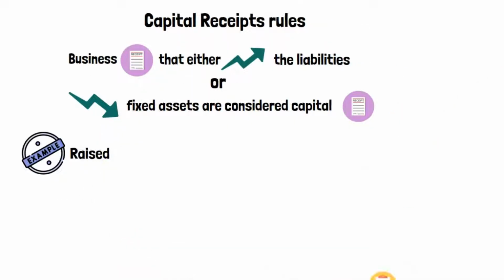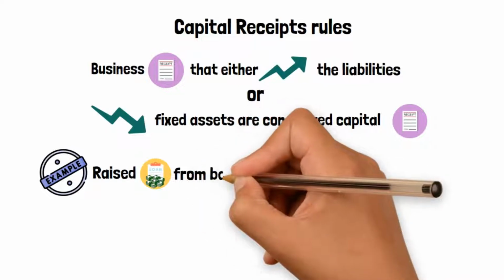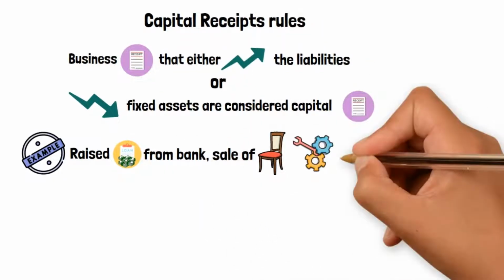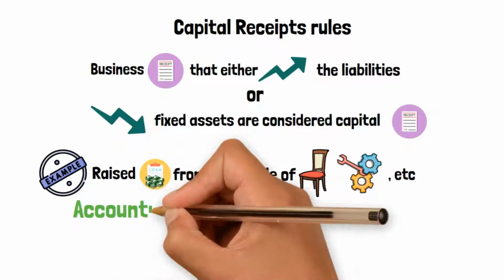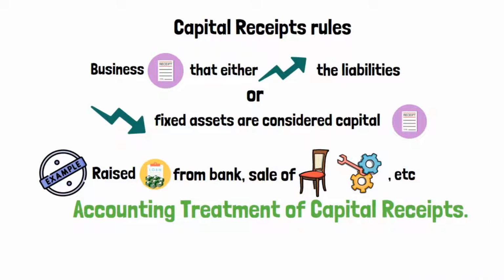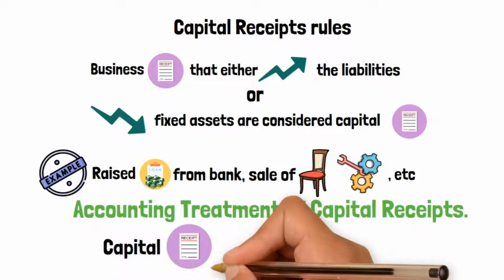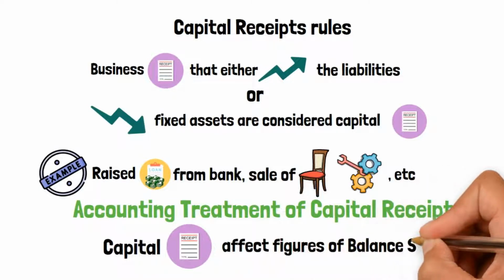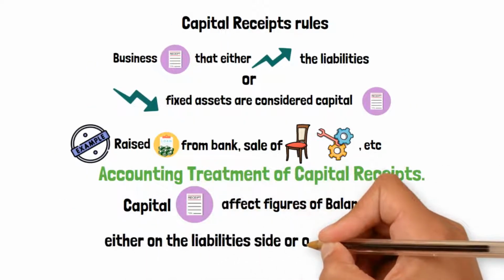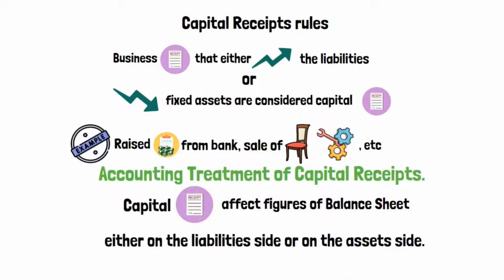Example, raising a loan from the bank, sale of furniture, machinery, etc. Accounting treatment of capital receipts: capital receipts affect figures of the balance sheet, either on the liabilities side or on the asset side.